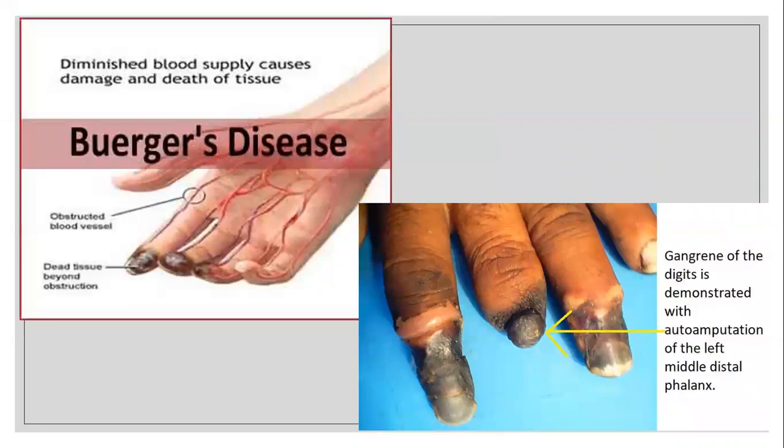It's called intermittent claudication. Diminished blood supply causes damage and even death of the tissue. Necrosis develops. Obstruction of the blood vessel, tissue death, necrosis, gangrene, ulceration. Here showing the gangrene formation, demonstrated with the auto amputation of the left middle finger.